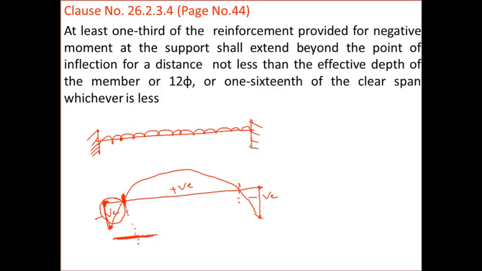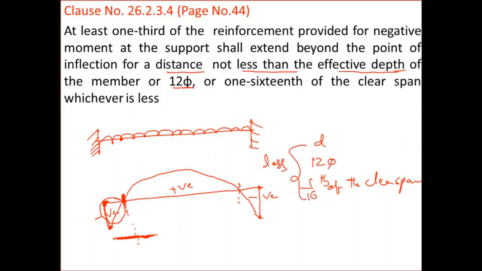Actually here there is no negative reinforcement required, but still we have to extend it beyond the point of inflection for a distance not less than the effective depth of the member or 12 phi, or 1/16 of the clear span, whichever is less. So in these three values, whatever is less, to that length we have to extend the negative moment reinforcement.